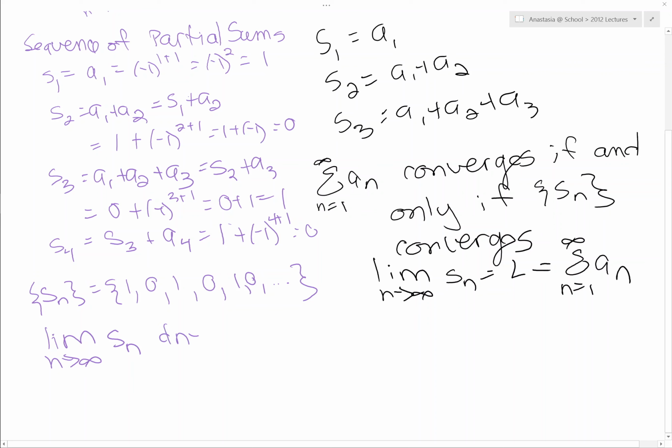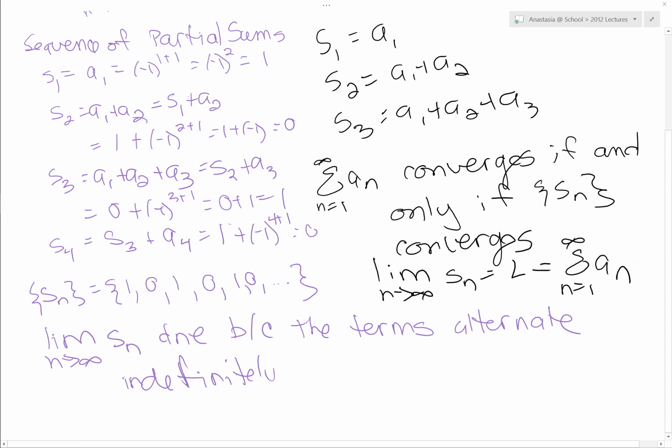So this limit does not exist, and that is because the terms alternate indefinitely between 0 and 1.